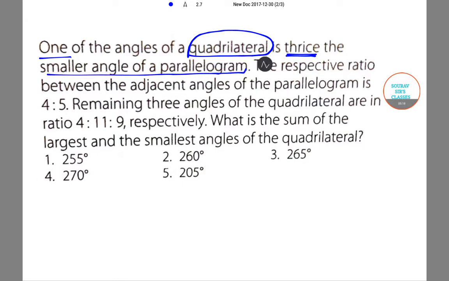Now, the respective ratio between the adjacent angles of the parallelogram is given, that is 4:5. So this is the respective ratio between the adjacent angles of the parallelogram.